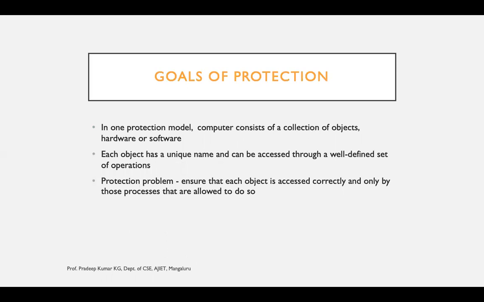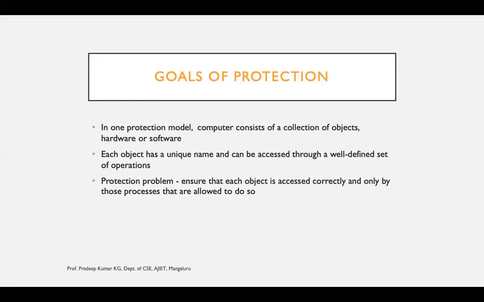In general, why do we need protection? When we say operating system, what is the importance of protection in the operating system? When we say computer, it consists of a number of objects, a number of hardware and software components together.